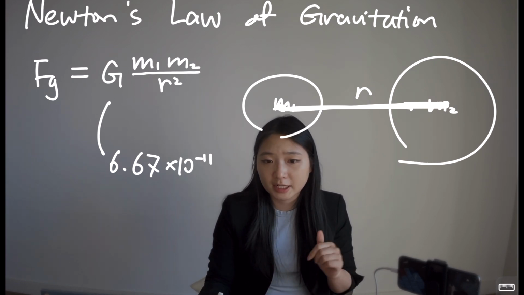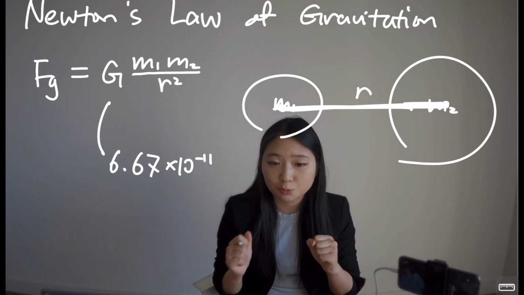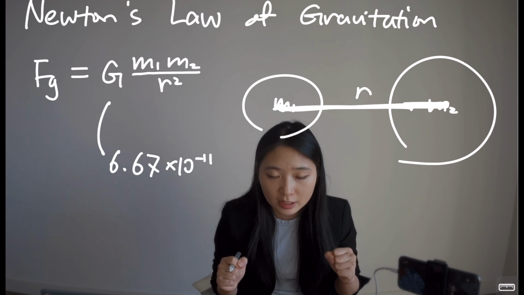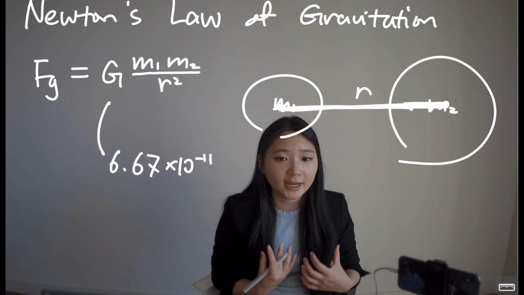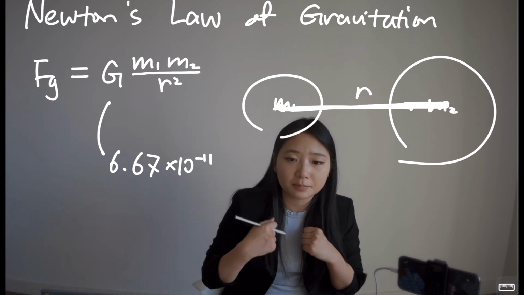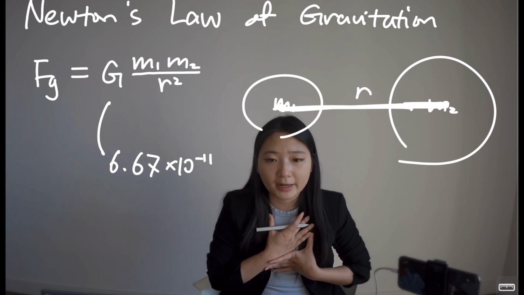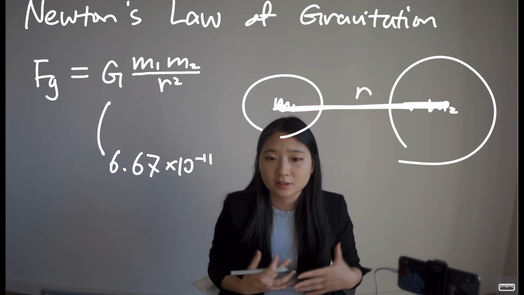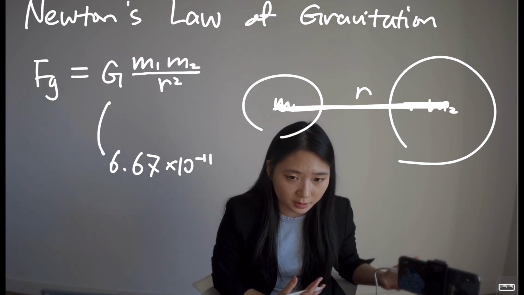So again, when it comes to gravitational force, the most important part is that any two objects with mass attract each other. So it's not just Earth pulling me down. I am actually also pulling the Earth up. Earth is also feeling the gravitational force applied by me. But why is Earth not moving? It's because this amount of gravitational force is way too small when it comes to Earth.